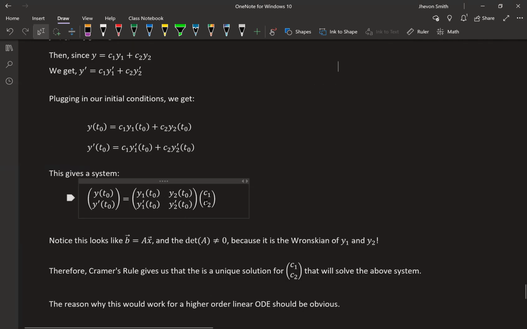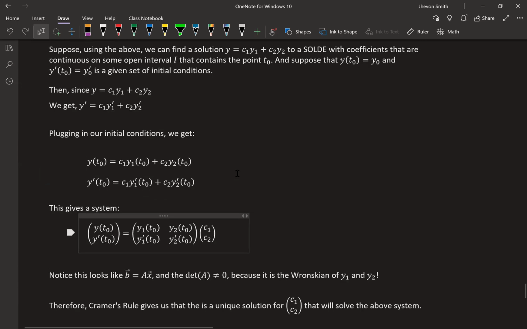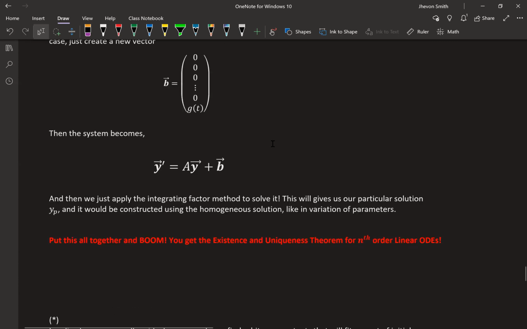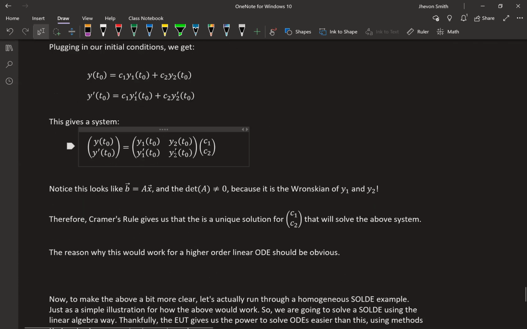Notice that I can put these in a matrix like that. And you will notice that the determinant of the coefficient matrix here is just the Wronskian of the original solutions, which means, because they're solutions and linearly independent, it actually has a non-zero determinant, which means this system has a unique solution for c1 and c2.